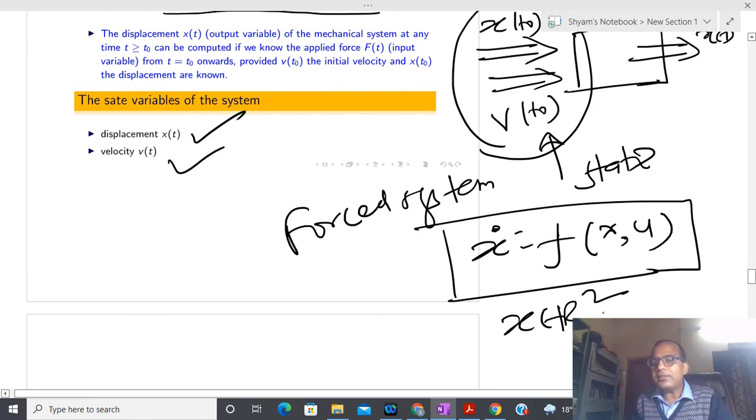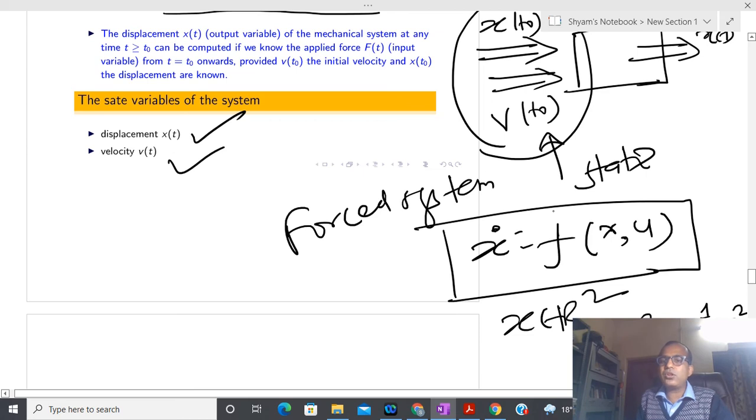Since one control input is required, I can write R2 cross R1. Why am I writing the Cartesian product? Because (x, u) and (u, x) are not the same, and for control I just need one dimension, one control input is there. Due to that reason I have written R1, and that maps to R2. Anyone has confusion?